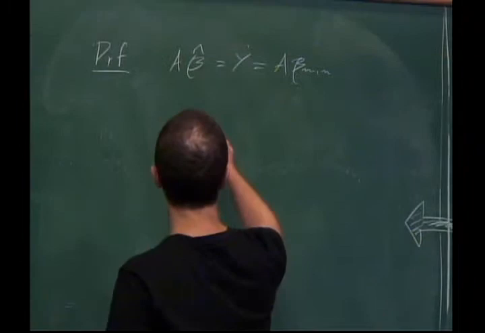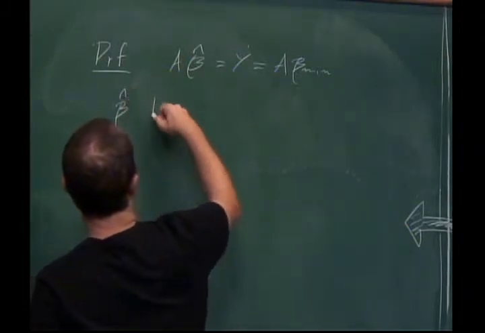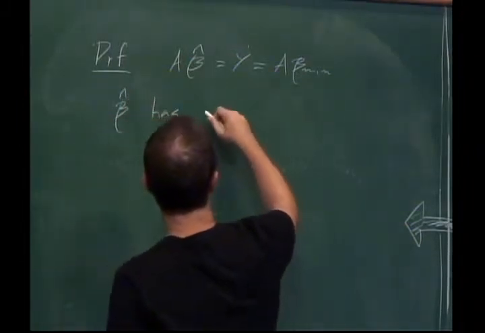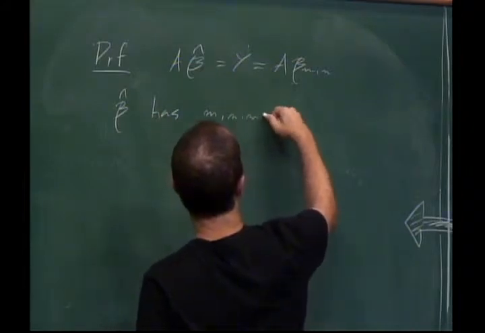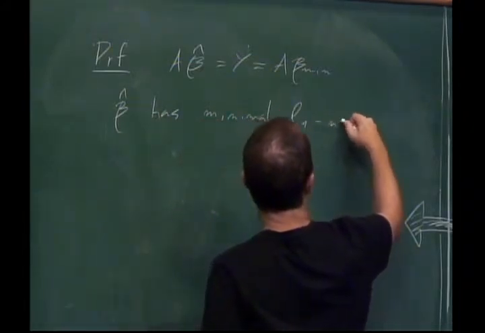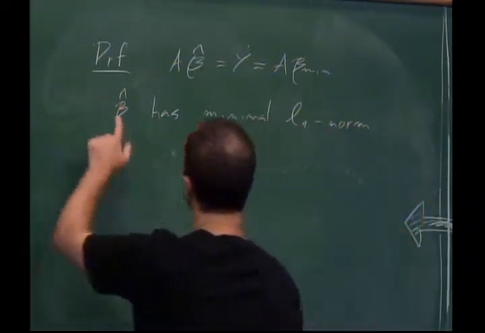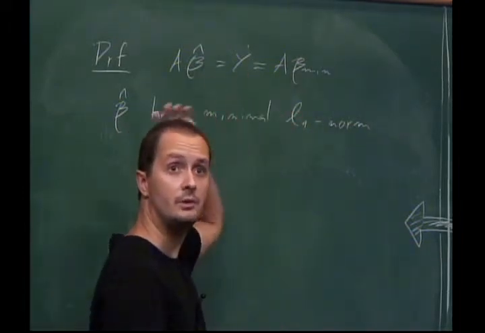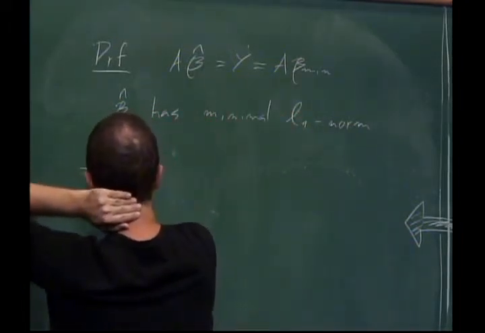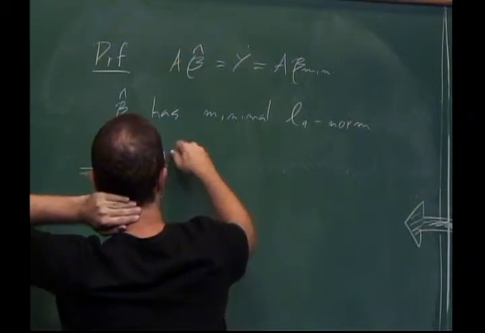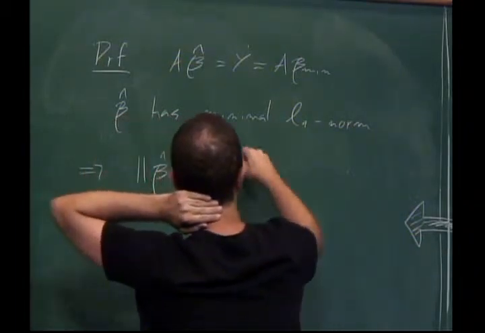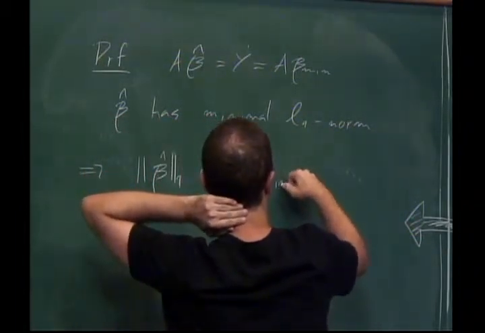And so beta min has minimal L1 norm, meaning it has minimal L1 norm amongst all solutions to the system. What this implies then is that the L1 norm of beta hat is less than or equal to the L1 norm of beta min.